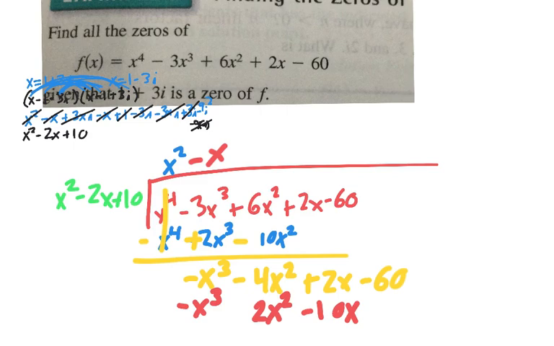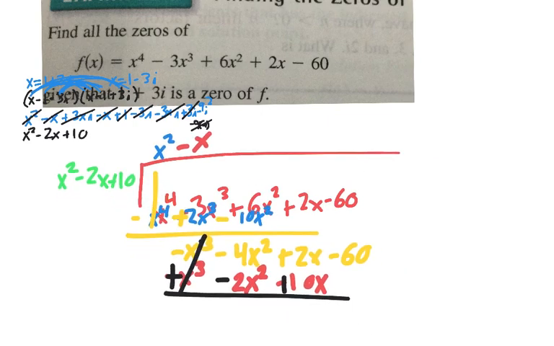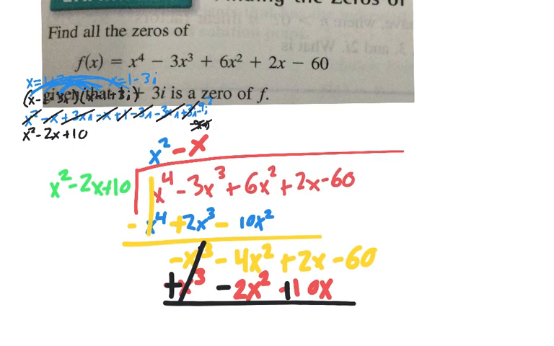And now then I'm going to change all the signs. This becomes a positive, negative, positive. This cancels. Negative 4x squared minus 2x squared is negative 6x squared. 2x plus 10x is 12x, and I bring down the negative 60.